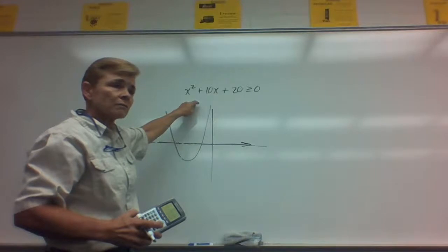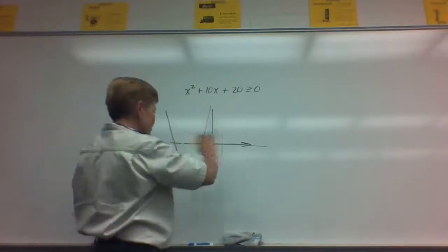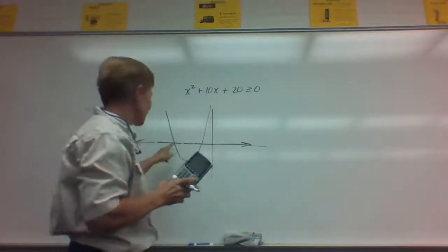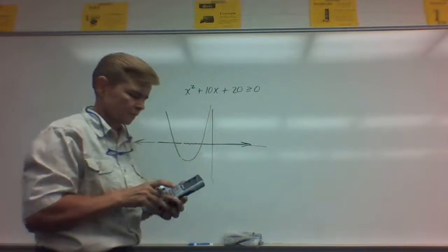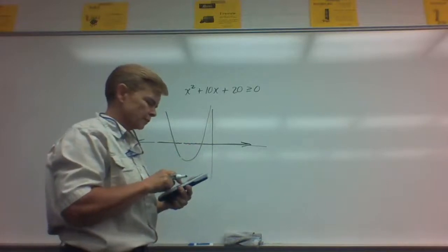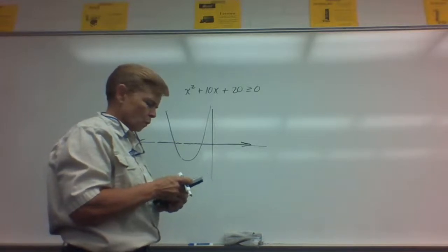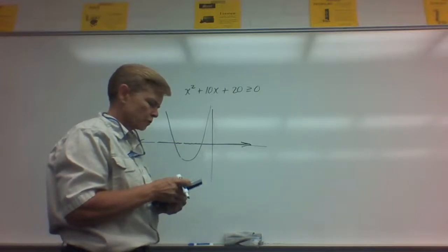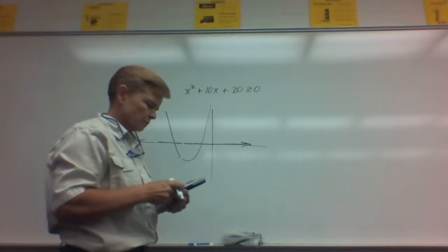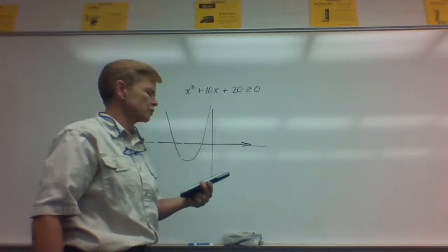You okay? All right. So we've decided it's the outside ones. We just have to find out where these boundary numbers are so that we can reference them. So we go calculate 0. My cursor's slow, so hang on. Enter, enter, enter. My leftmost 0 is negative 7.24.